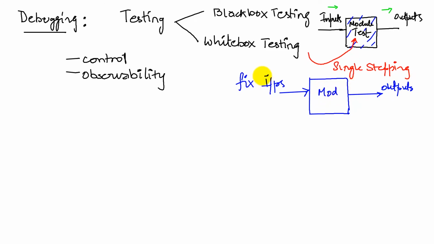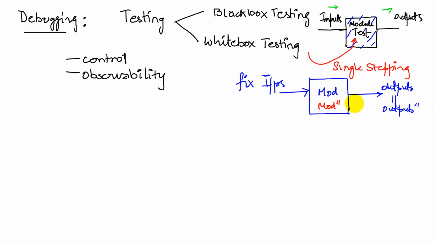If I fix the inputs, then any change in the software, so now if I, let's say, modify the software, and this is the module, but a different version of the module, I'm putting it as prime. If I change the module, I expect that the outputs should still be the same. So my expected output should match this.